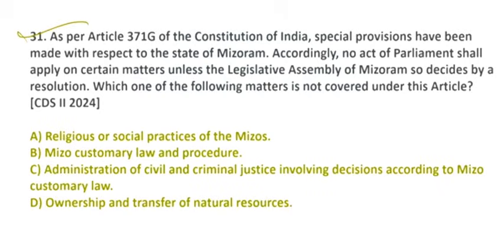31. As per Article 371G of the Constitution of India, special provisions have been made with respect to the state of Mizoram. Accordingly, no act of parliament shall apply on certain matters unless the Legislative Assembly of Mizoram so decides by a resolution. Which one of the following matters is not covered under this article?